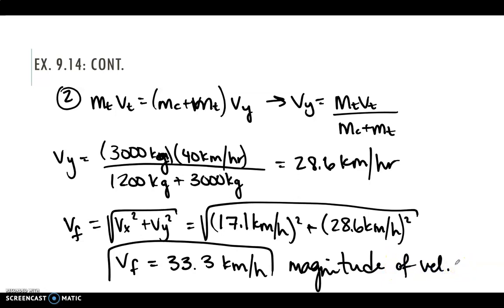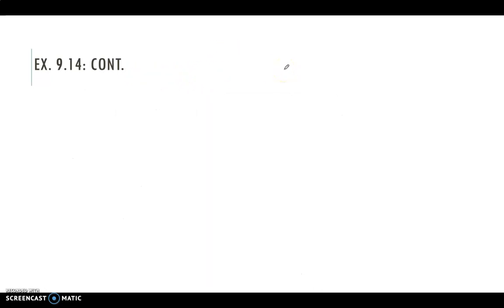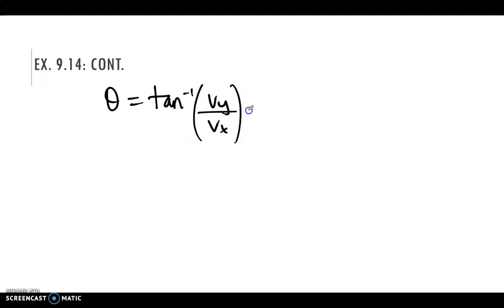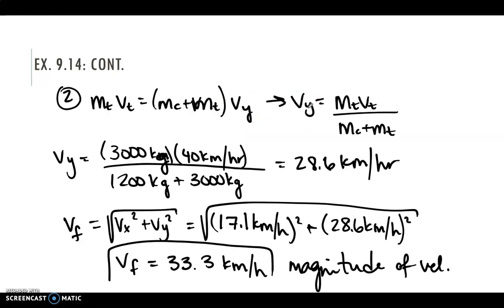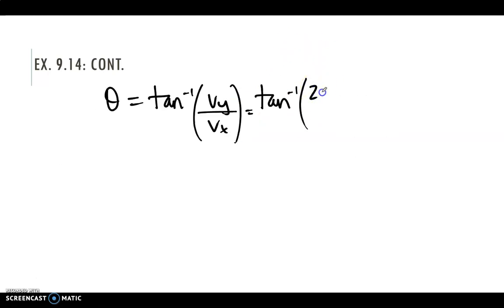What if we want to know the direction? Because that's nice to know. So I'm going to go ahead and do that on the next page. Our direction is going to be tangent inverse of Vy over Vx. So that'll be v sub y, which was 28.6 kilometers per hour, divided by 17.1 kilometers per hour.